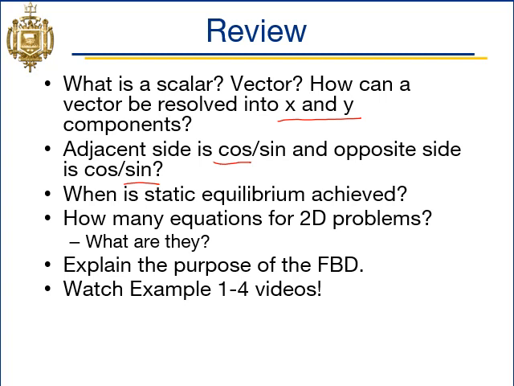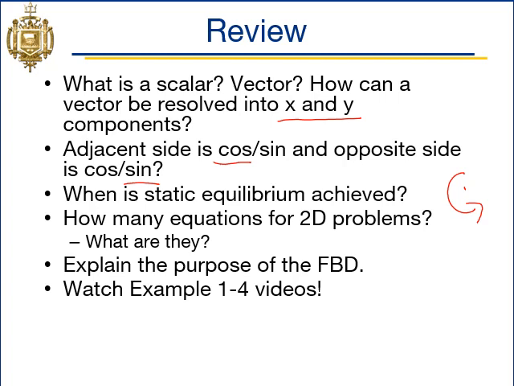All right, so you should definitely know when static equilibrium is achieved. How do we achieve static equilibrium? We have to make sure it's not accelerating left or right, in the X direction. We need to make sure it's not accelerating up or down, in the Y direction, and we need to make sure that it's not rotating about the Z-axis, right?